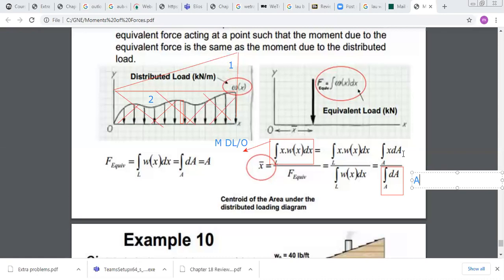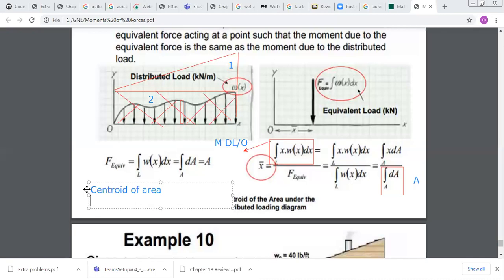But from math, if you do the integral of x dA over A, what do you get? You know the mathematical property to find a centroid of an area. How do you find the centroid of an area? If you want to find the centroid of an area, what do you do?